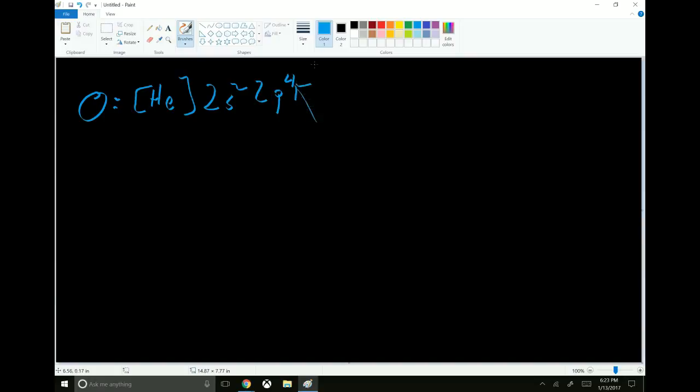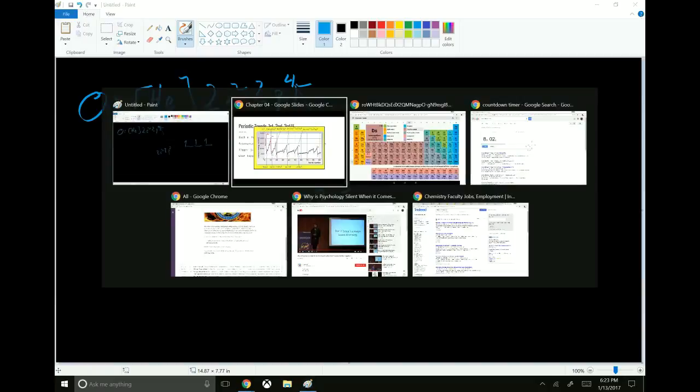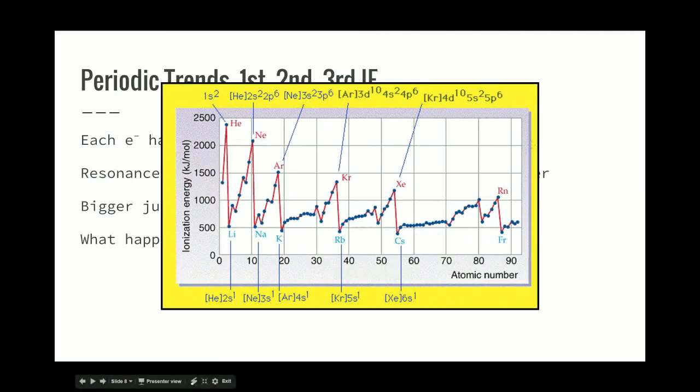Removing 1 electron takes it to 2s2, 2p3. 2p3 means you have a half-filled subshell, and it's actually happier that way. It still takes energy to remove it. It's not like it's just giving the electron away for free, but it takes slightly less energy than for nitrogen. That's because nitrogen has a half-filled subshell, so it's happier than oxygen is with a more than half-filled one.